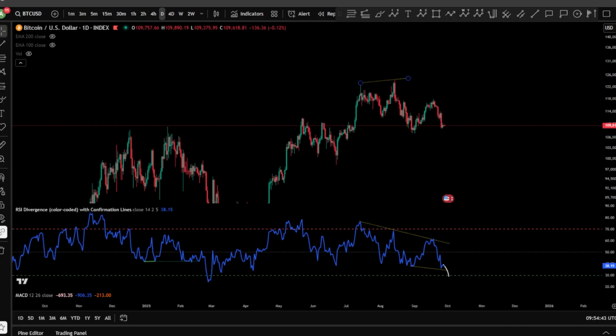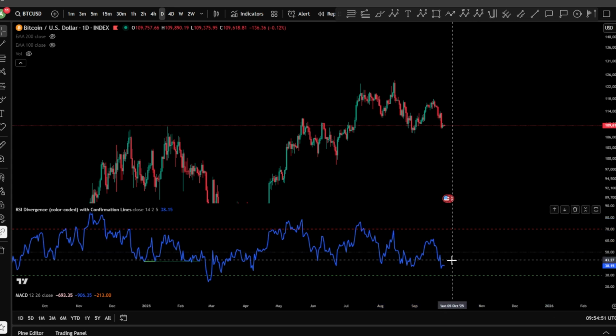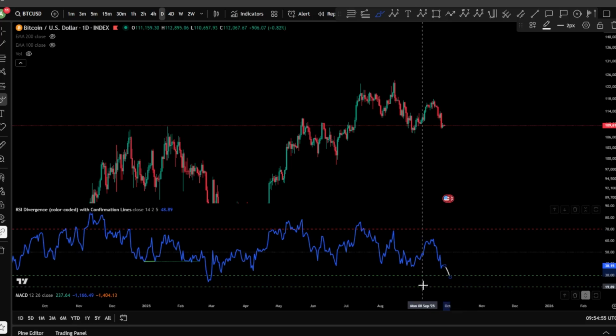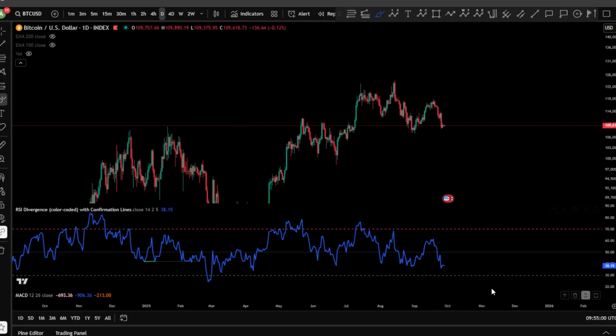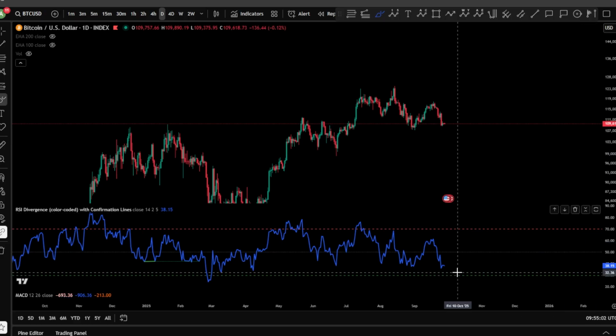So I prefer to take the RSI, preferably on the daily, which is much safer and gives us a clearer view of what might happen. I still believe the daily is going to be hit sooner or later for the oversold.